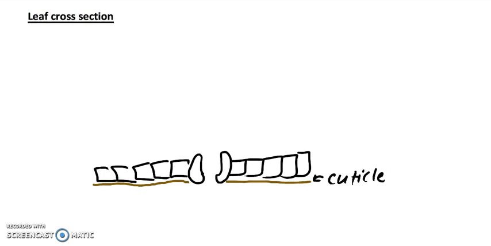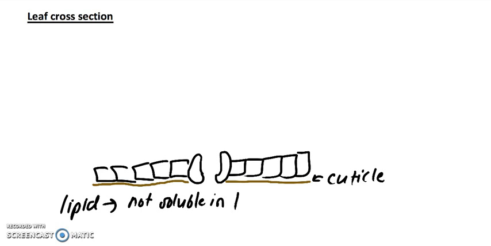Let's take a look at this for a sec. The cuticle is a wax-like substance. We know that waxes fall into the class of lipids. The general definition of a lipid means it doesn't mix well with water, so it's not very soluble in water.